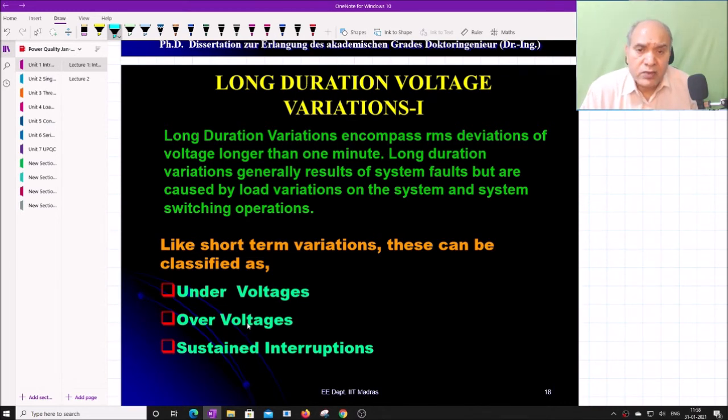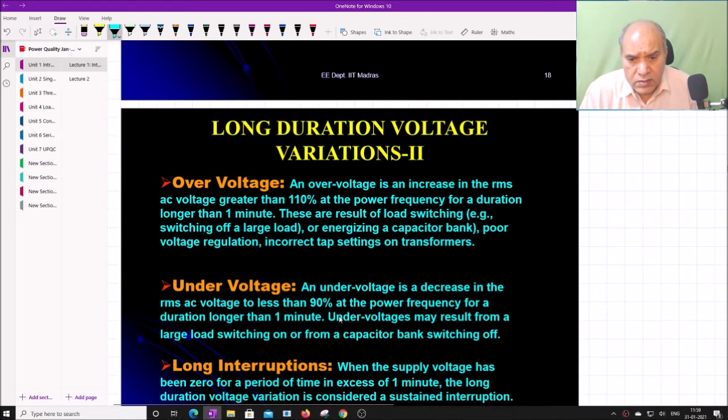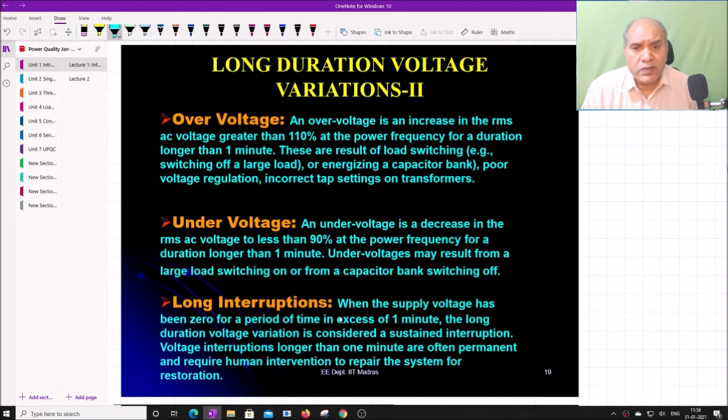As far as the magnitude is concerned, the criteria is same, but the time scale is different. The time scale is more than 1 minute.